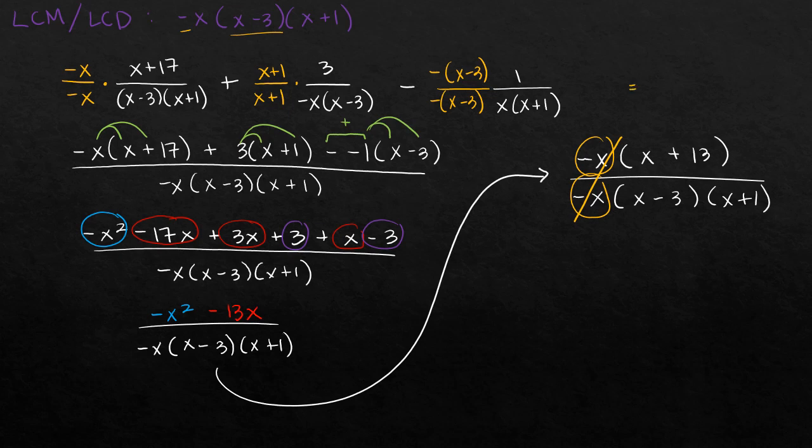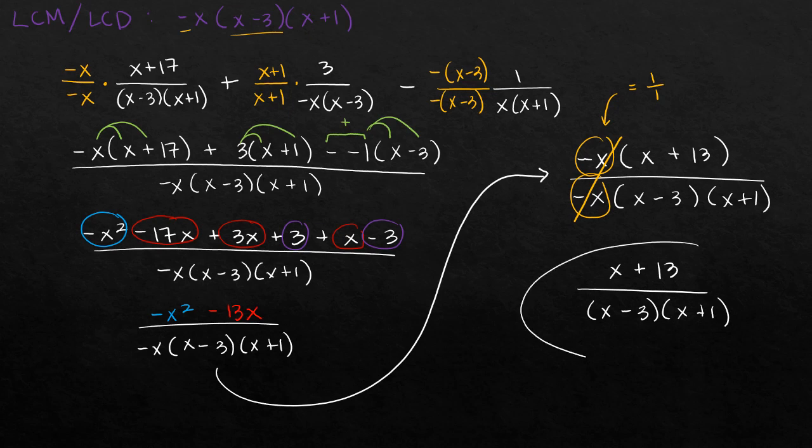They ultimately just equal 1 over 1. So we can cross those negative x's out. So what we're left with ultimately is x plus 13 over x minus 3 times x plus 1. Can't simplify that any further. There's no common factors to simplify or cross out. So this would be our final answer.